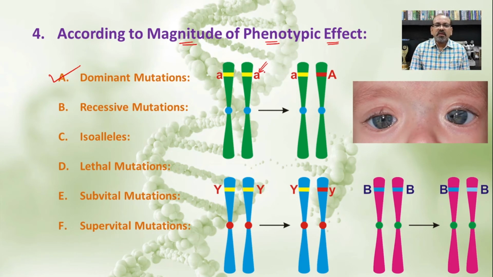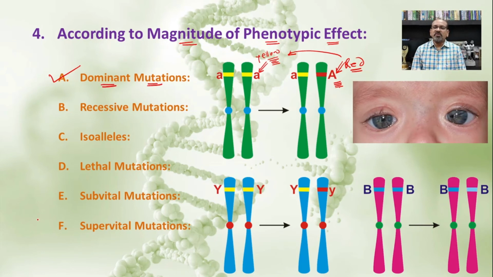Say for example, there is a gene responsible for the formation of yellow colored flowers, but later this gene mutated into another gene, and it is now responsible for the formation of red flowers. If the red flower is dominant over the yellow, then we can say that such types of mutations are known as dominant mutations.